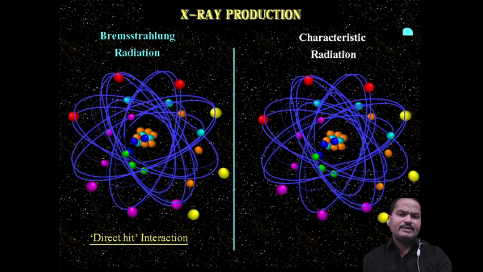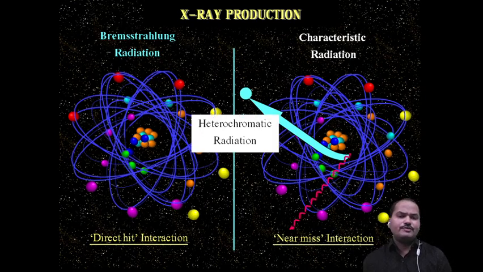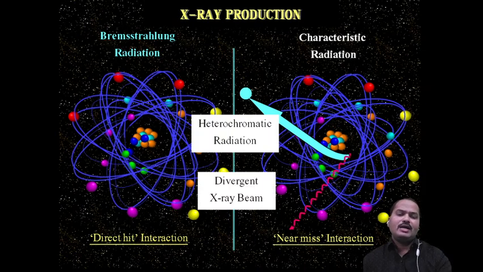In the characteristic radiation, it is a near miss interaction. So there is a production of heterochromatic radiation, meaning the radiations which are produced will have different energy levels and different wavelengths, and the beam which is produced is divergent in all directions from the X-ray source or the target metal.